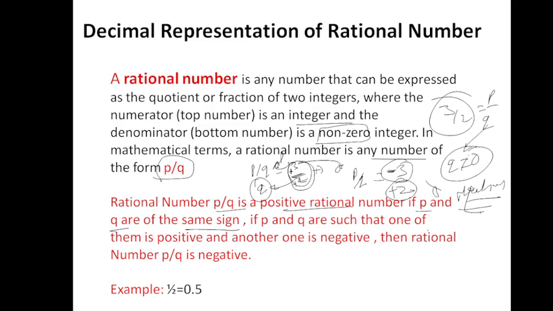Here is an example of a rational number: 1 by 2 is 0.5, a positive rational number, and minus 1 by 2 gives minus 0.5, a negative rational number.